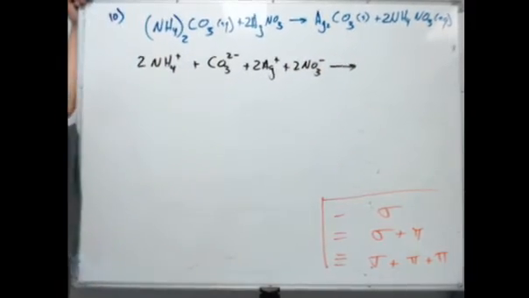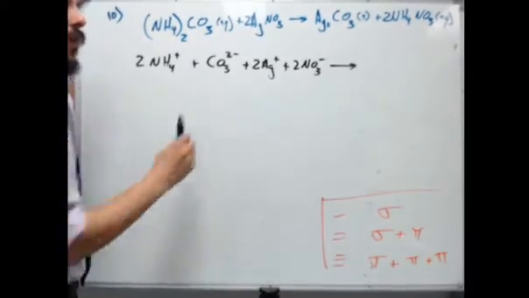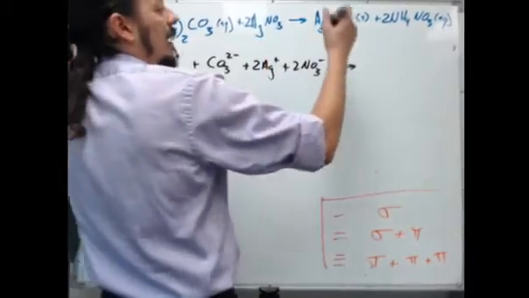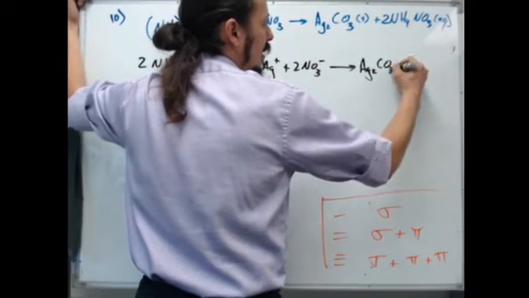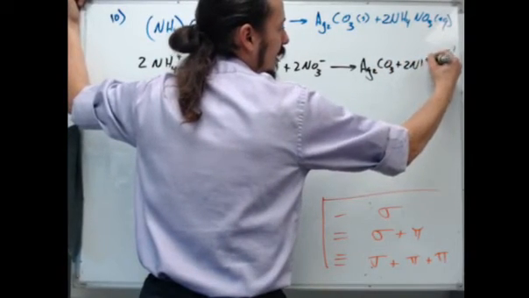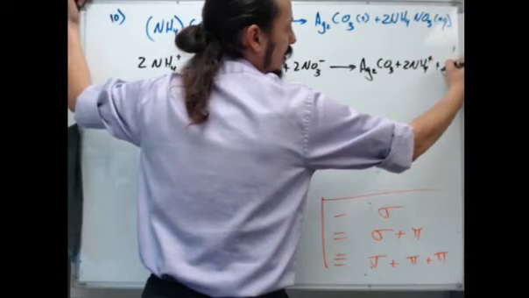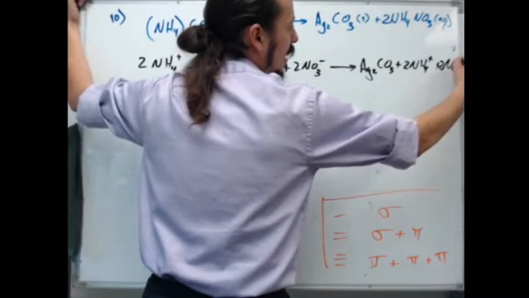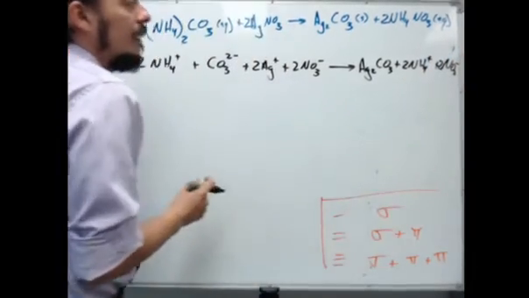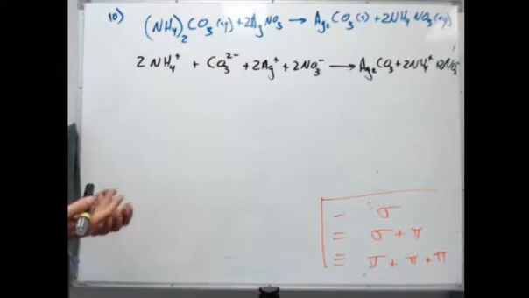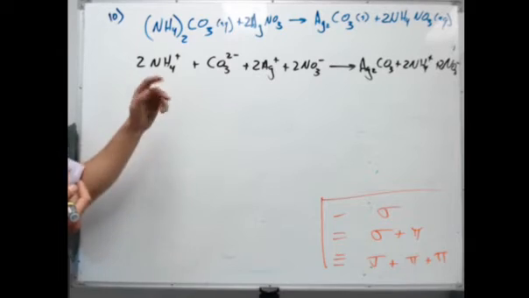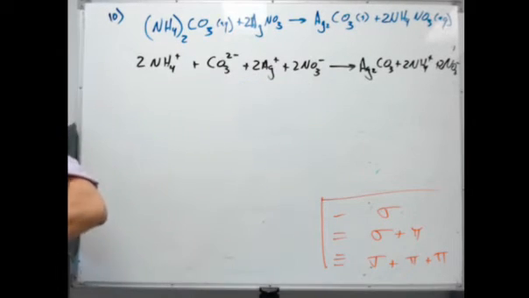So I'm going to need to find 1, 2, 3, 4 ions in solution. I'm going to have the same things over here. Ag2CO3 plus 2 NH4 plus, 2 NO3 minus. Now, notice I do have some spectators, right? My ammonium and my nitrate are both spectators.